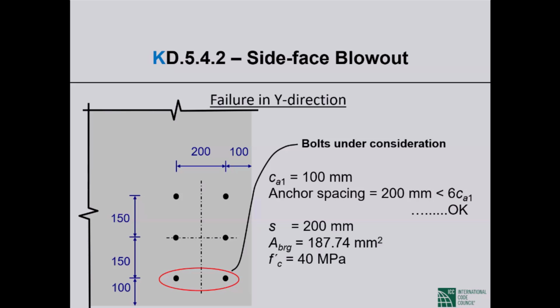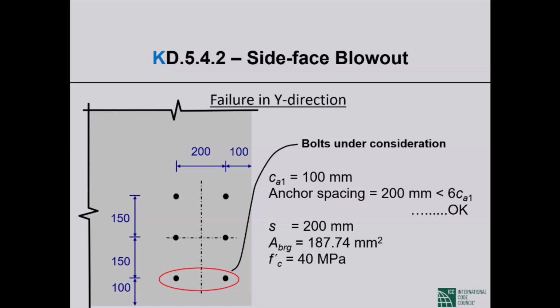Okay, so we are considering the side face blowout of the 2 anchors to the bottom. Minimum edge distance 100 millimeters, anchor spacing 200 millimeters, which is less than 6 times 100, so that condition is met.